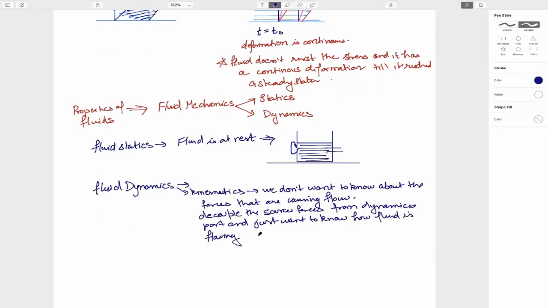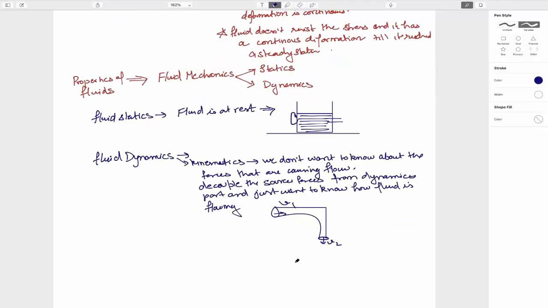Let's say this is a pipe, and the velocity here is V1 and here is V2. We want to find the change in kinetic energy, not what forces are making this flow. We just calculate the change in kinetic energy of the fluid particle at this point and at this point. That is kinematics.